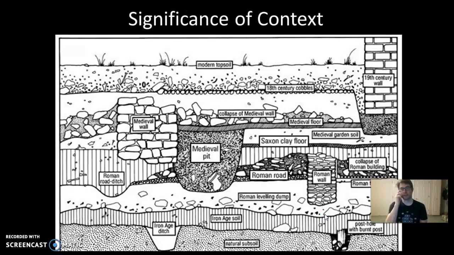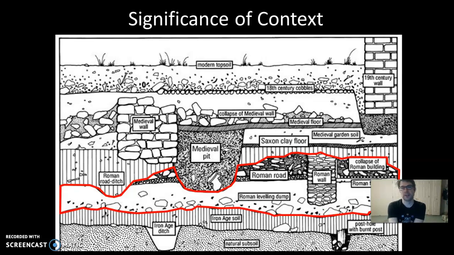So what does this mean within the broader site itself? Well, let's take a look at this example of a section drawing or balk. If you're doing the side of an excavation, let's say in England, and you're going down, you might look at the side of your excavation and see something like this. Well, by knowing the context of objects, we can figure out what goes together.